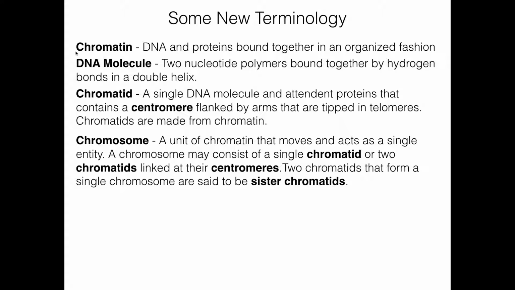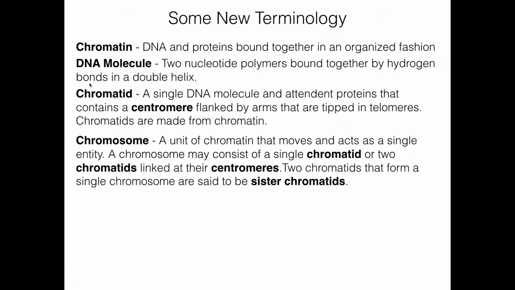Chromatin is a combination of DNA and protein bound together in an organized fashion found in the nucleus of a cell. The DNA is in the form of a DNA molecule, which is a double-stranded double helix. So it's two nucleotide polymers that are bound together with hydrogen bonds.